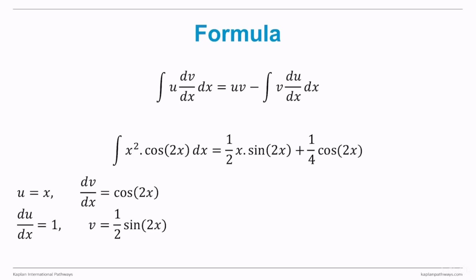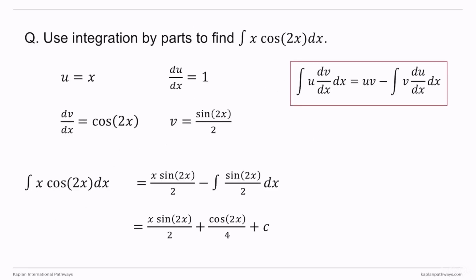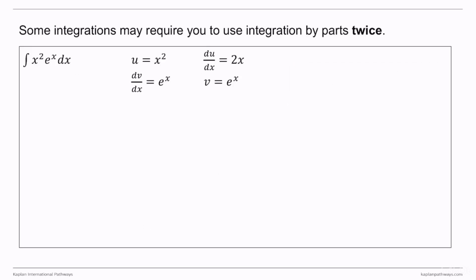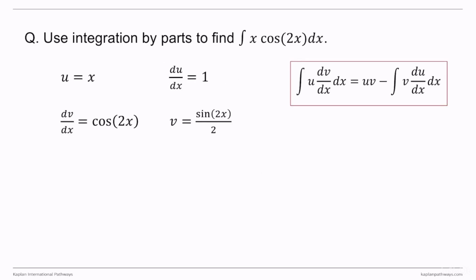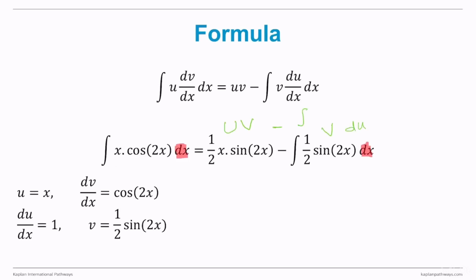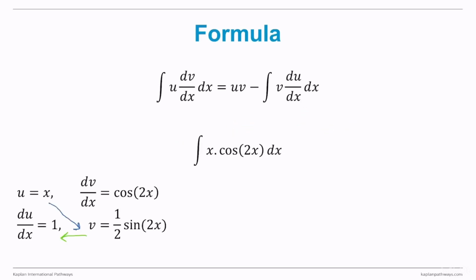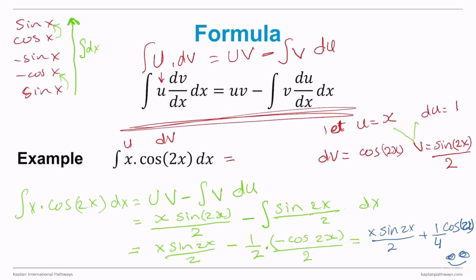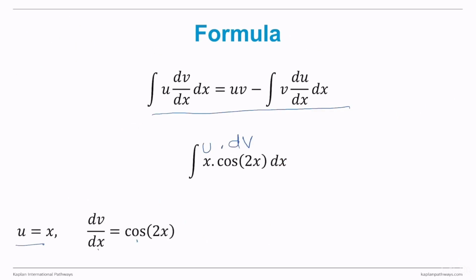So that's 1/2 x sine 2x plus 1/4 cosine 2x, as I showed you in the slides. Like I showed you here. So it's 1/4 cosine 2x.